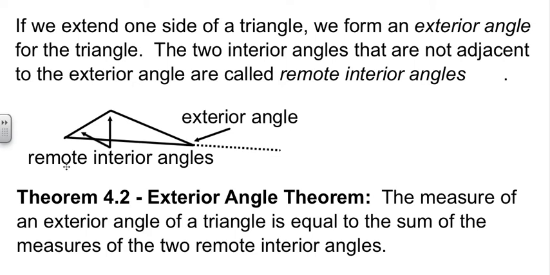And in fact, it's so special they made a theorem out of it, Theorem 4.2, the exterior angle theorem. Says that the exterior angle of a triangle is equal to the sum of the 2 remote interiors. So this angle out here is equal to these 2 added together.